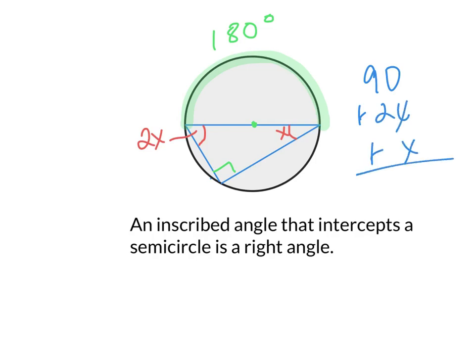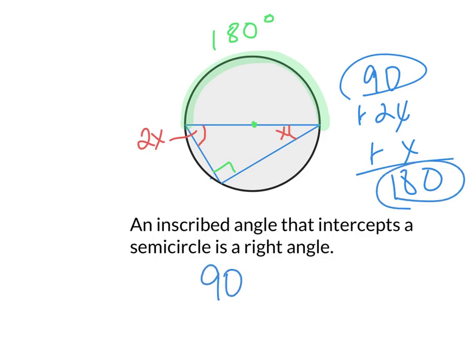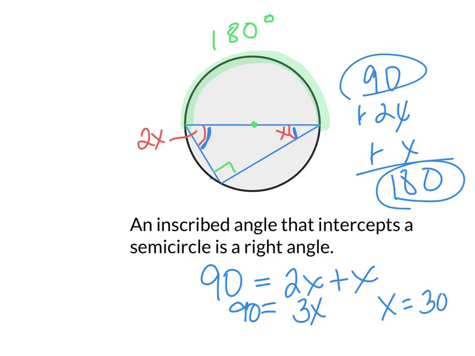So if I subtracted 90 from 180, I get 90. And so 90 is what those two angles right here and here are going to add up to. So we get 3x equals 90, and therefore x is going to equal 30 degrees.